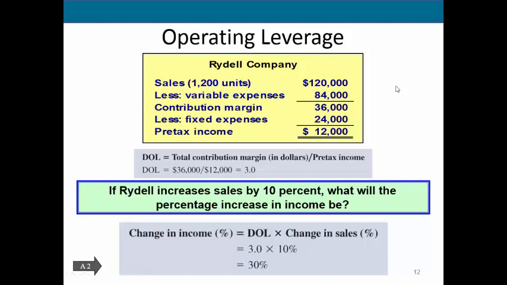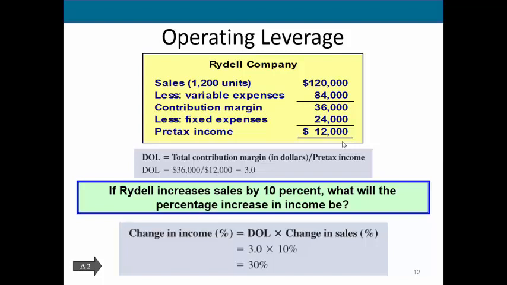If we went and calculated our full income statement, if we had sales of $132,000, we would see that our pre-tax income would be 30% more than $12,000, or we would end up having pre-tax income of $15,600.